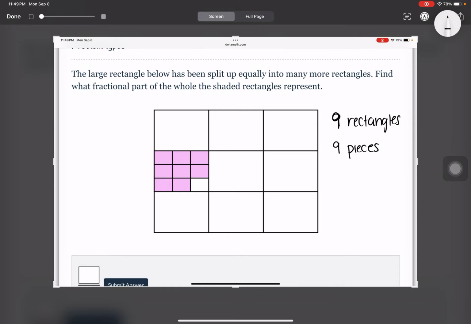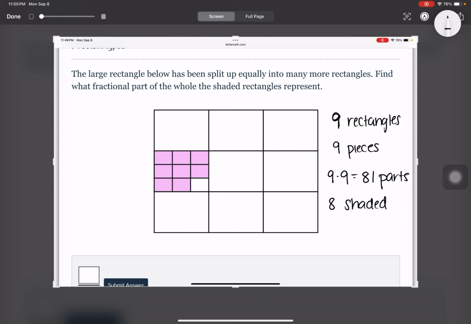So if I want to find my total amount of pieces, I'm going to do 9 times 9, which gives us 81 pieces, or 81 parts. Now, taking a look at the shaded section, I have 1, 2, 3, 4, 5, 6, 7, 8. So 8 shaded.